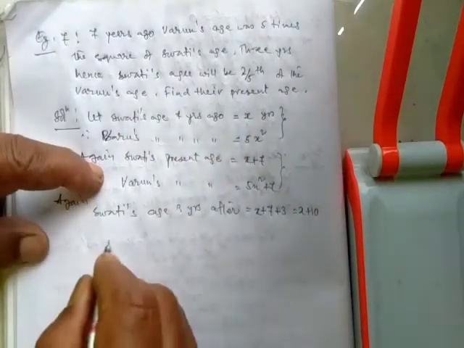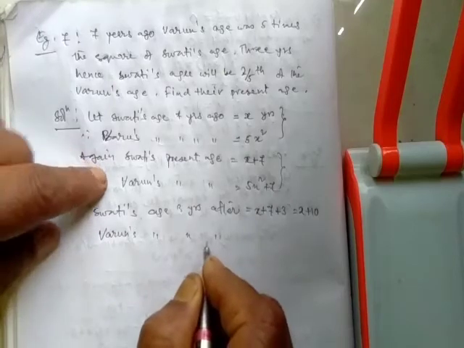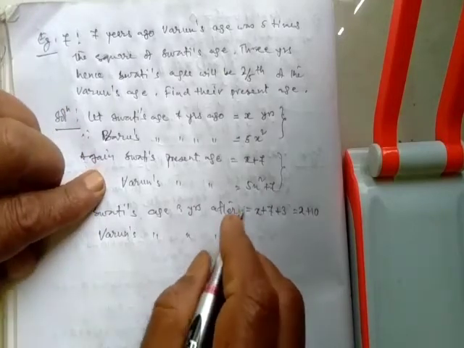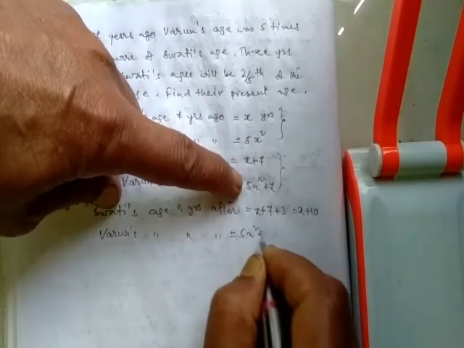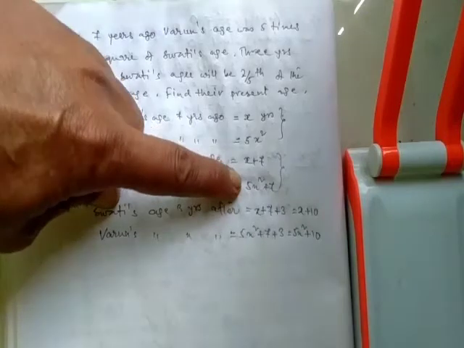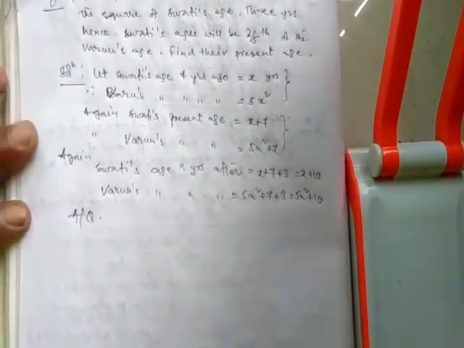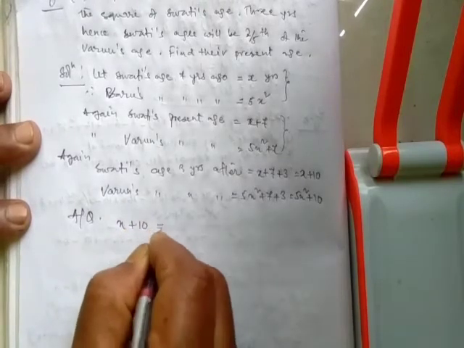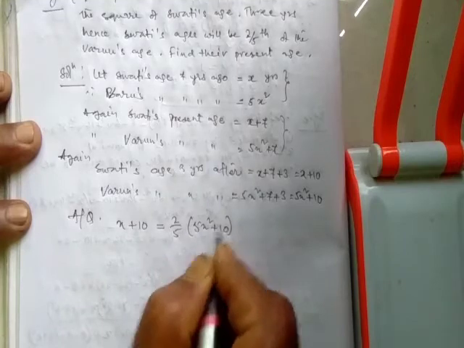Then Varun's age 3 years after is equal to 5x square plus 7 plus 3, which is 5x square plus 10. According to the question, x plus 10 is equal to 2/5 of 5x square plus 10.